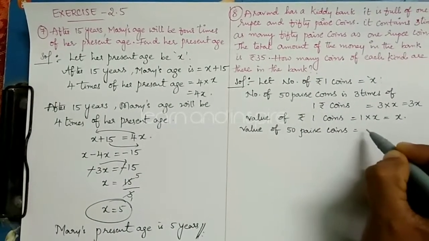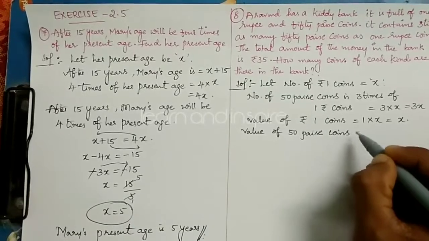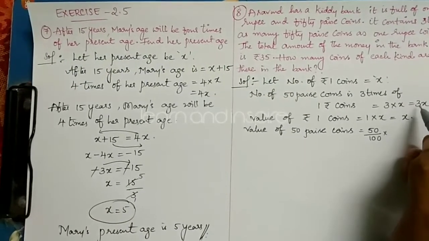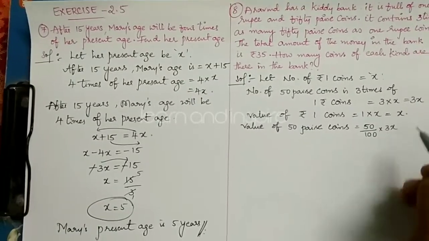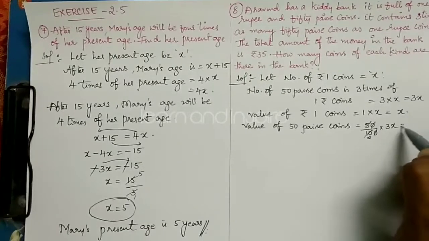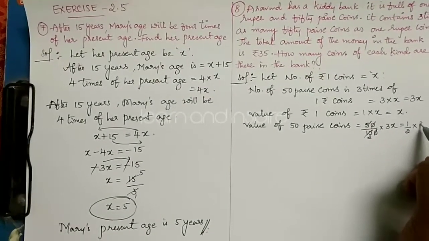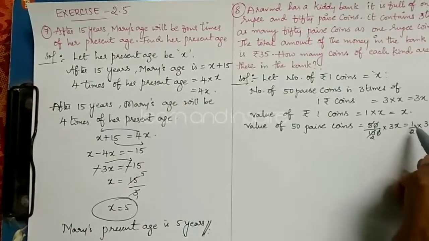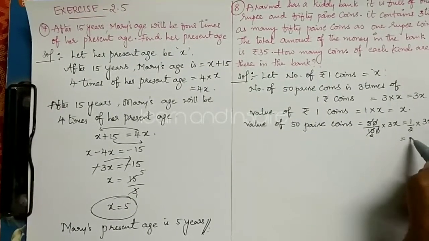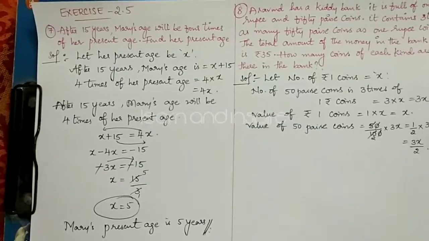Converting 50 paisa into rupees, we write this as 50 by 100 into the number of 50 paisa coins, which is 3x. We cancel the zeros: 5 ones are 5, 5 twos are 10, which is 1 by 2 into 3x. So 50 paisa is nothing but half a rupee. So 1 by 2 into 3x is 3x by 2.